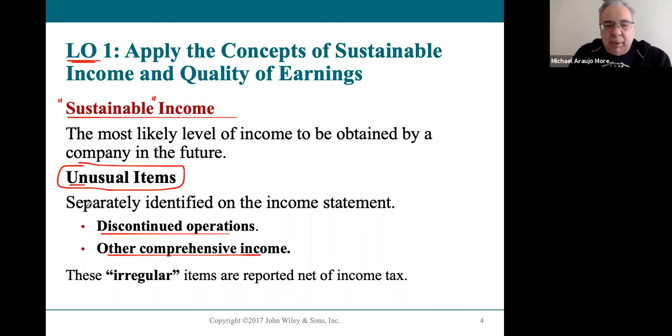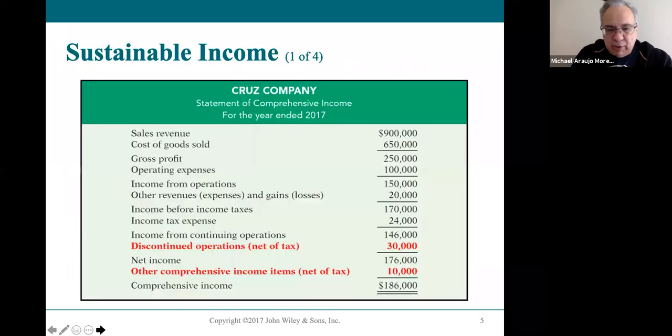Okay. But the purpose of understanding an unusual item is that a discontinued operation, particularly, is something that distorts the real sustainable income profitability of the company over time. So we're going to look at that. We're also going to look at how comprehensive income distorts that a little bit as well. Okay. We have to look through those.